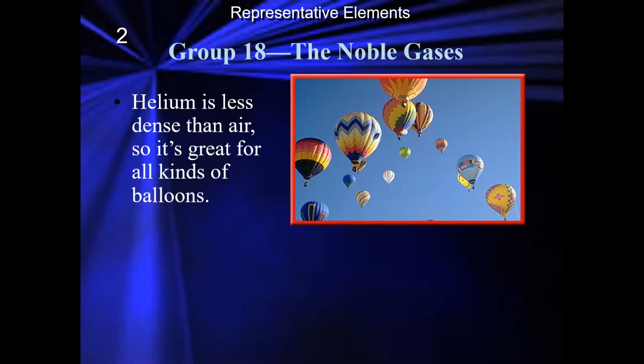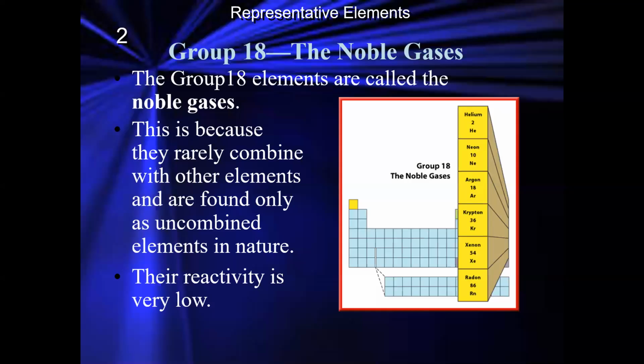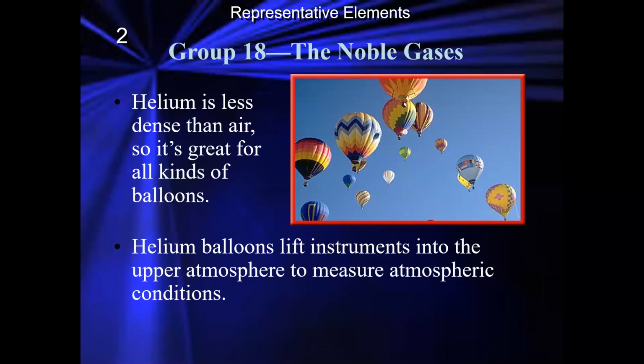So helium is less dense than air. The major constituent of air is nitrogen, and nitrogen exists in the diatomic form. If we go into the details of the periodic table, you can see that the atomic mass of nitrogen is 14.